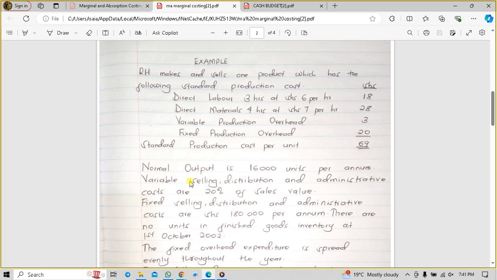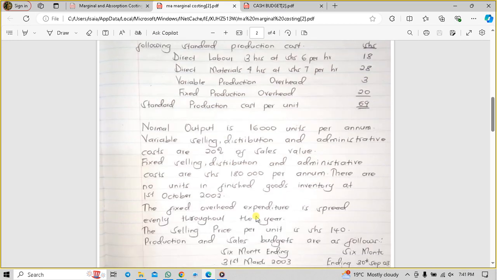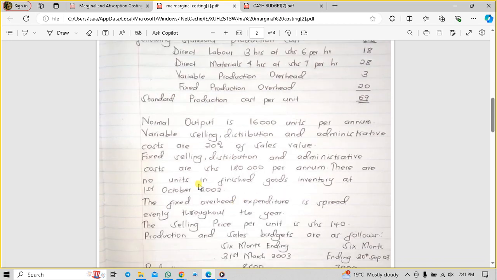Then you have also been told that the variable selling, distribution and administrative costs are 20% of sales value. Then fixed selling, distribution and administrative costs are 180,000 per annum. There are no units in finished goods inventory at 1st October 2002.